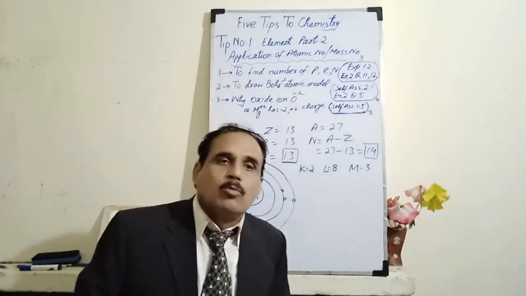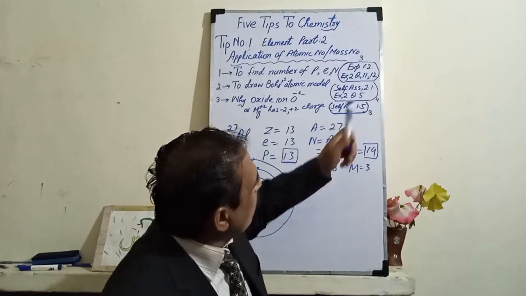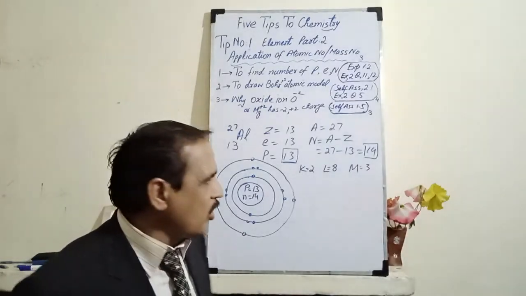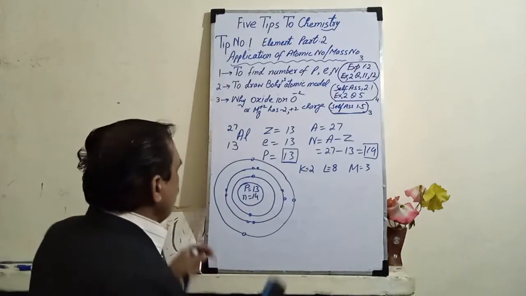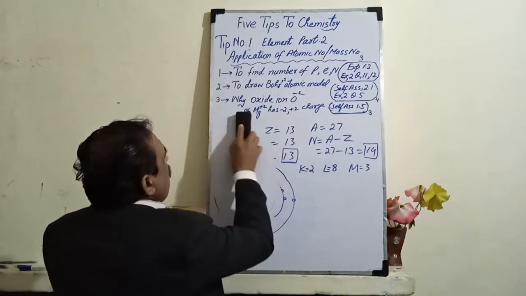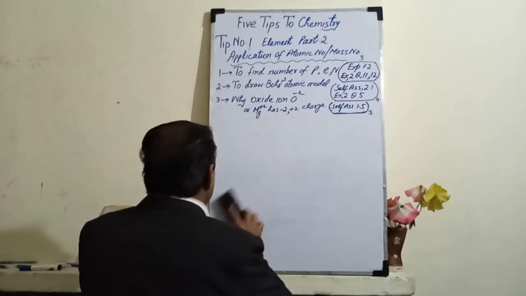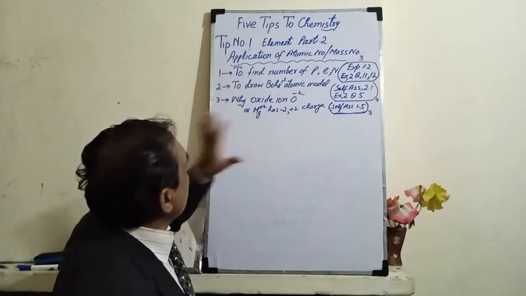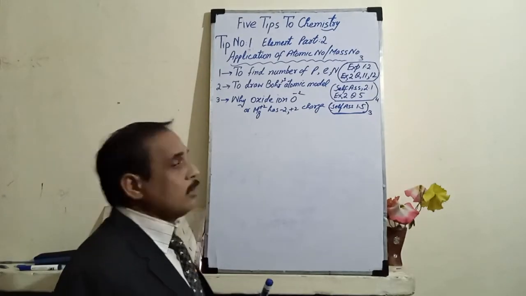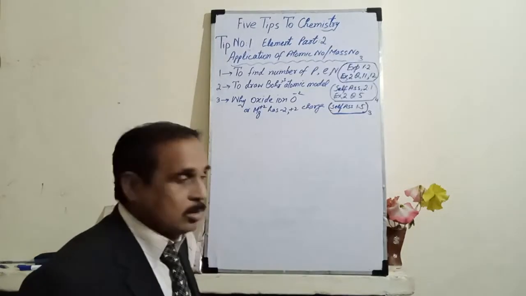In your book, class 9th, self-assessment 1.5, there are 3 questions given. We shall learn how it is possible, why oxide ion or magnesium ion has a charge.